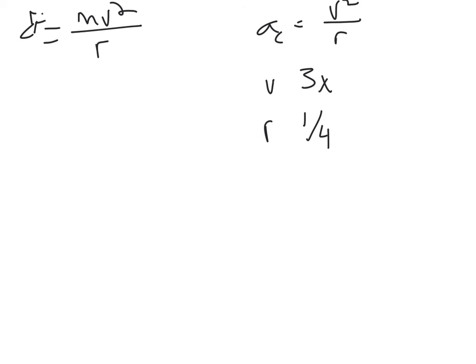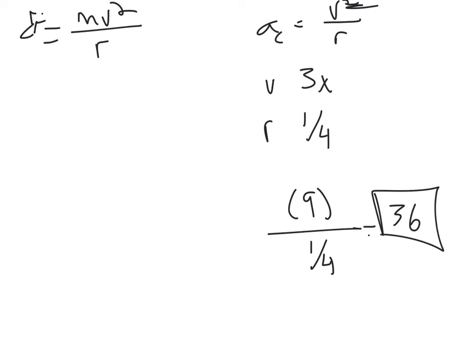It's 3 times bigger, and that 3 gets squared, so it is 9 over a fourth of the radius. So 9 divided by a fourth is the same as 9 times 4, which is 36. This means that my acceleration is 36 times bigger than it was. If it was a before, it is now 36a.